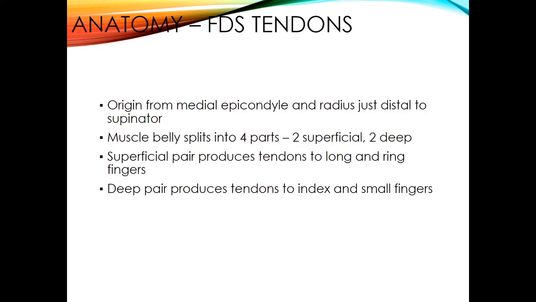So your long or middle finger and your ring finger are the superficial FDS tendons towards the wrist at the carpal tunnel, and the index and small fingers are more deep. This alignment is maintained through the carpal tunnel and can be, again, very important when you're reattaching tendons in a multiply injured flexor tendon patient.